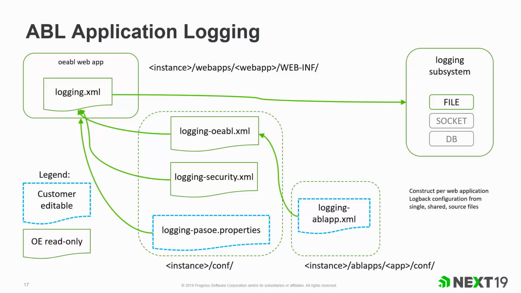So the ABL application level has a second properties file, logging-pasoe.properties, and that configures most of the ABL application logging. The one exception to that, there's this logging-abl app.xml. That's where those individual logger statements live. So if you're debugging something and you need to turn on just a specific group of log messages, that's where you go. You go to that logging-abl app.xml.